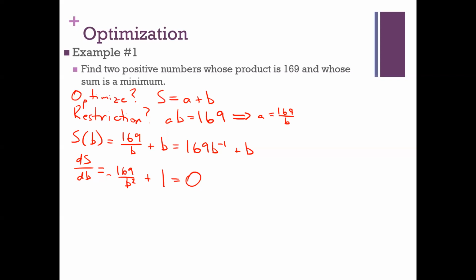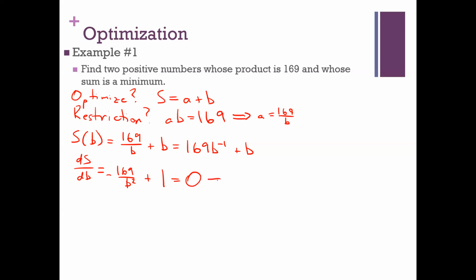Or where does the derivative not exist? At 0. Do I even need to consider B equals 0? Well, no, because it's not gonna exist. Also, I told you the numbers have to be positive. So we can recognize a critical value and then just move on because we don't care about that. So I need to find where this thing's equal to 0.